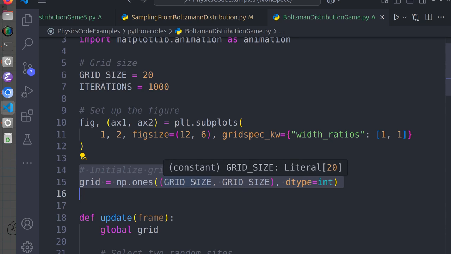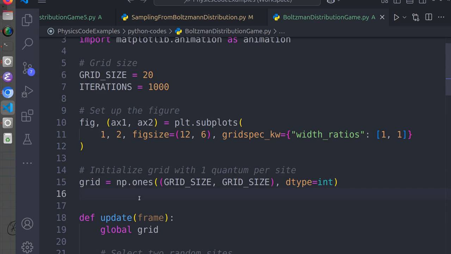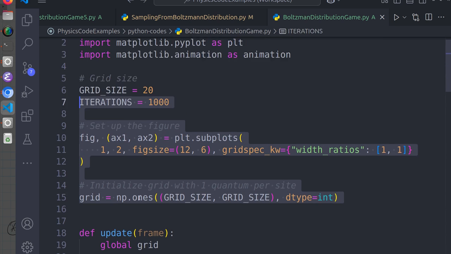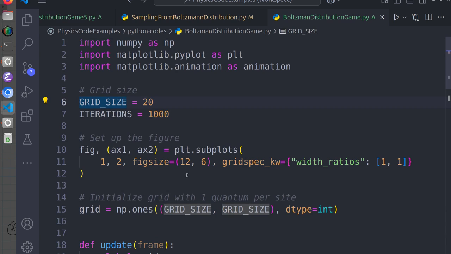So grid side is 20, defined earlier. It's going to be some sort of animation, and that's why I'm using this Matplotlib animation as animation here.